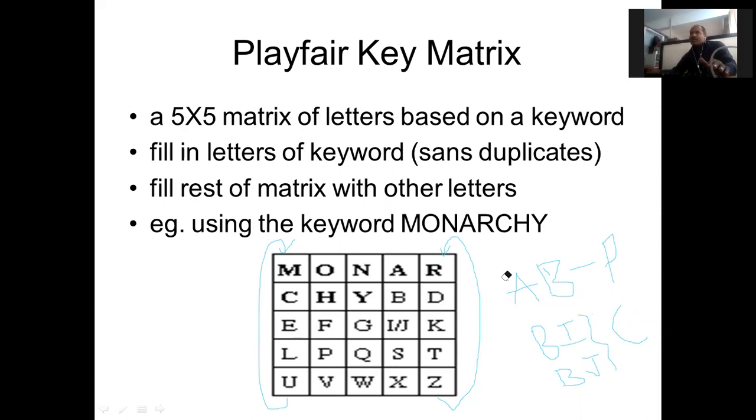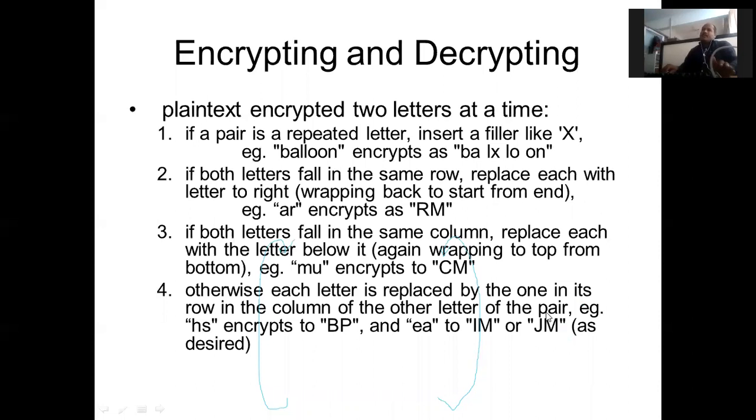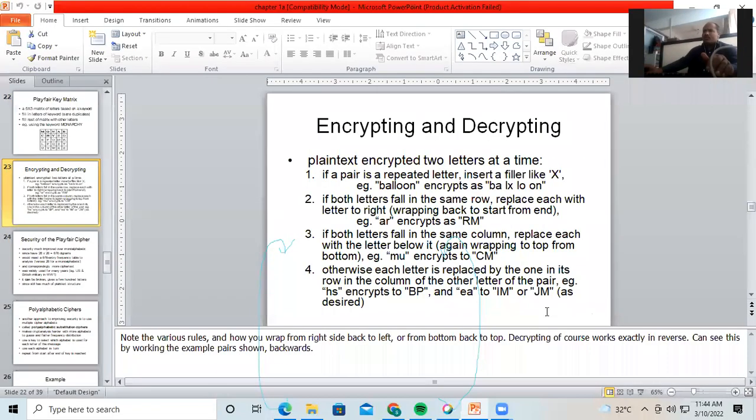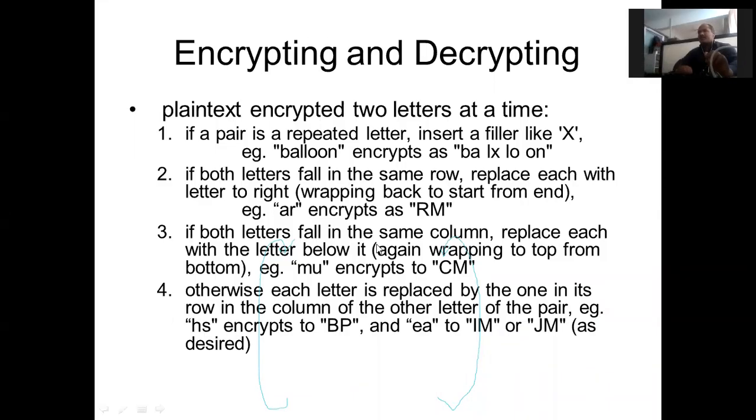Now can you imagine what the next rule will be here? We applied the same row, same column. Now what will be the next rule here? So the next rule is that otherwise each letter is replaced by the one in its row in the column of the other letter of the pair.